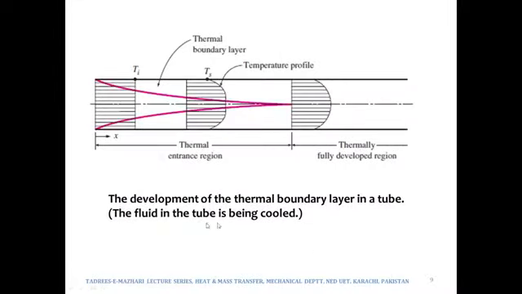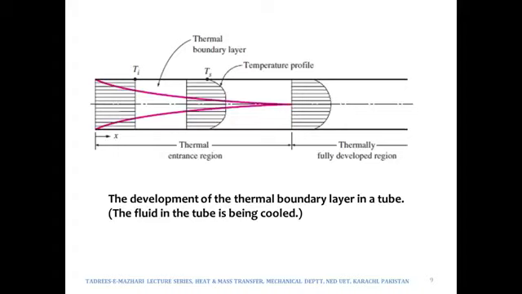However, if the fluid is being cooled, then the temperature profile will be of this form. Because if the fluid is being cooled, it means that Ts is less than T infinity. It means that T infinity is greater.